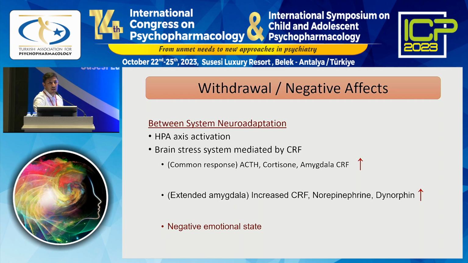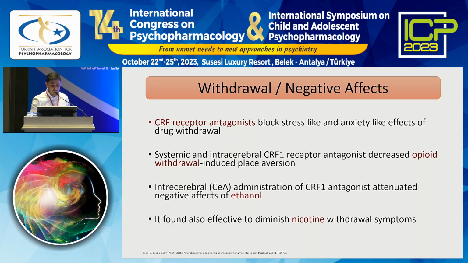By between-system, I mean the HPA axis is activated particularly, and also the brain stress system is mediated by CRF. We can speak about the impact on ACTH, cortisol, and amygdala CRF, which rise. Also, in the extended amygdala pathway we can expect increased CRF, norepinephrine, and dynorphins, leading to a negative emotional state.